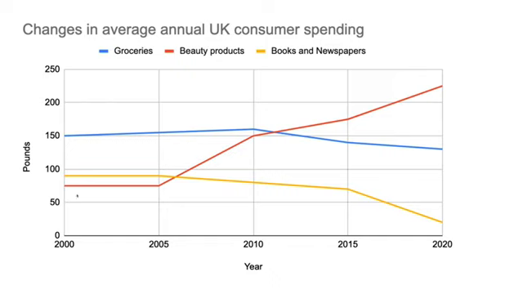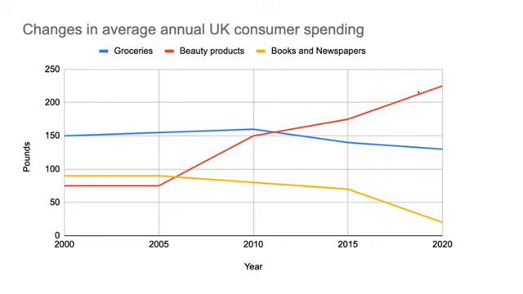And if all you say is beauty products increased, it means you can't. That is not the information being conveyed with this line on this graph. That information that's being conveyed here is how much money people spent on beauty products.